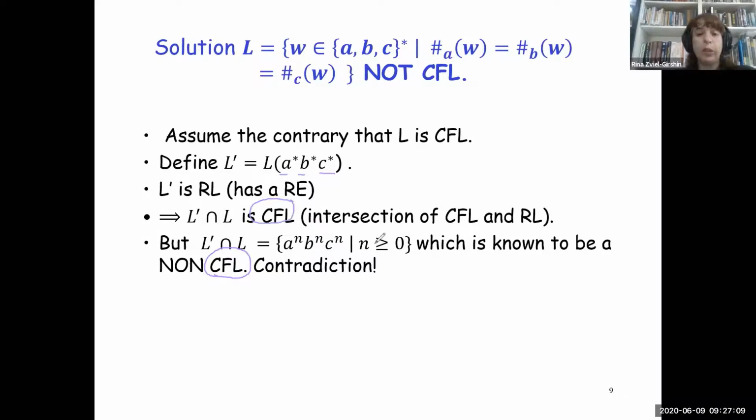So we have a contradiction, and the only thing that we assumed is the first claim of our proof. We assumed that L was a context-free language. Therefore, we know that our original language L was not a context-free language. Any questions?